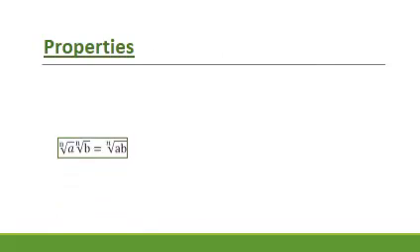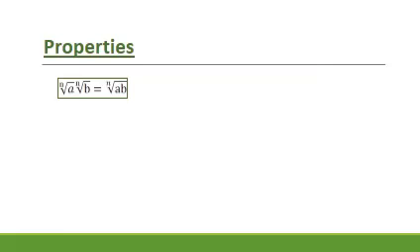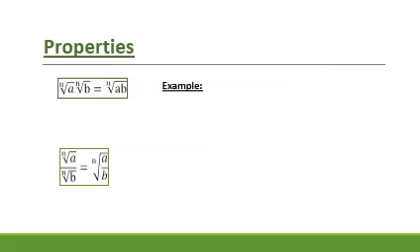Now, properties. The nth radical of a times the nth radical of b equals the nth radical of ab. If you have the same nth root, the nth radical of a over the nth radical of b is the nth radical of a over b.